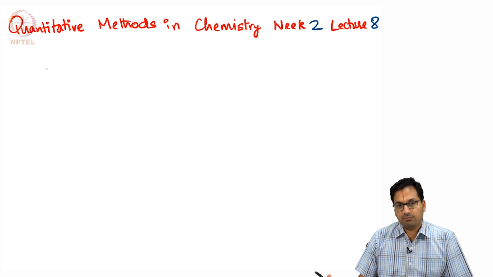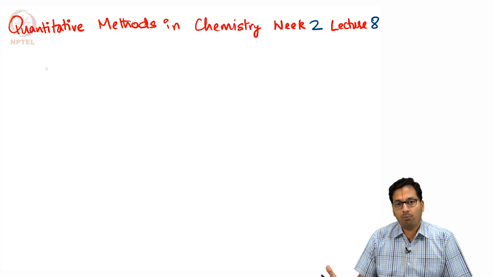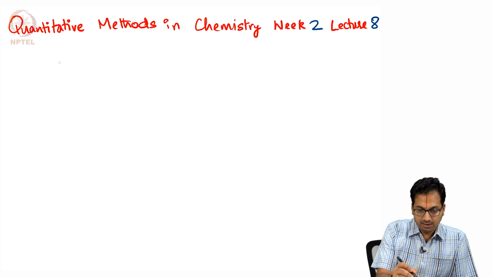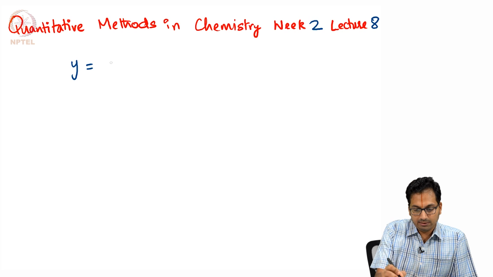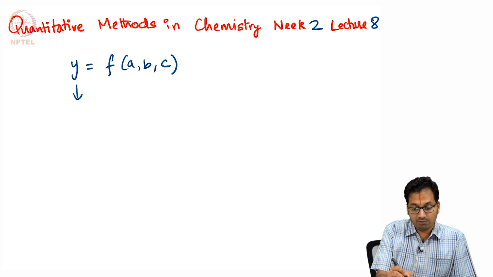In the last class, we tried to put some emphasis on understanding how errors propagate when you have multiple measurements that finally give you one measurable. We tried to estimate how much error goes, and this was done by using an equation. For instance, you are trying to measure something like y, that is a function of a, b and c. Let us say each one of these is associated with an uncertainty.